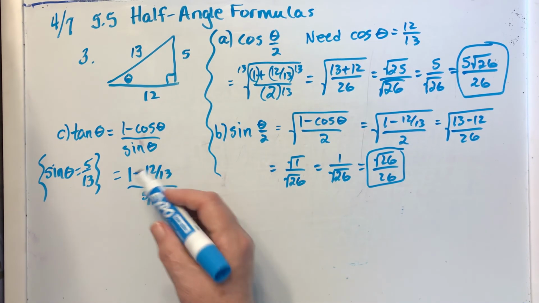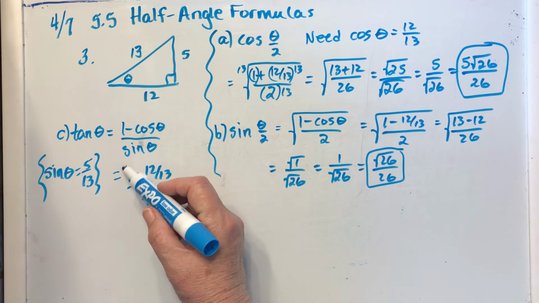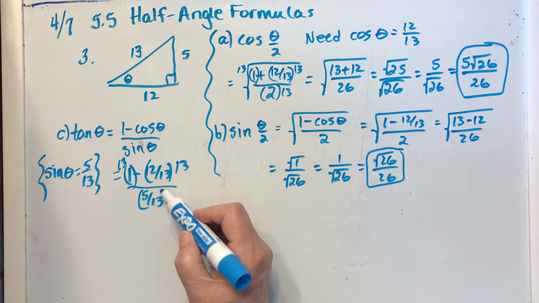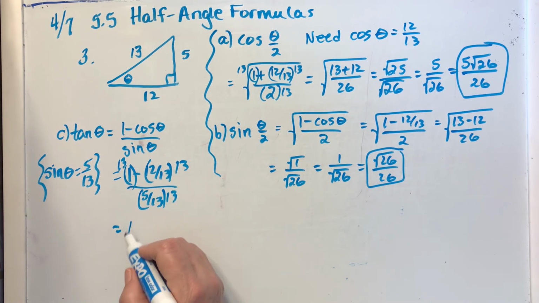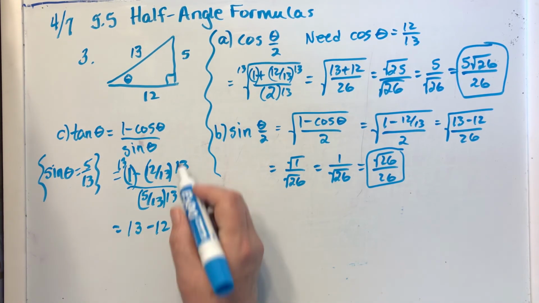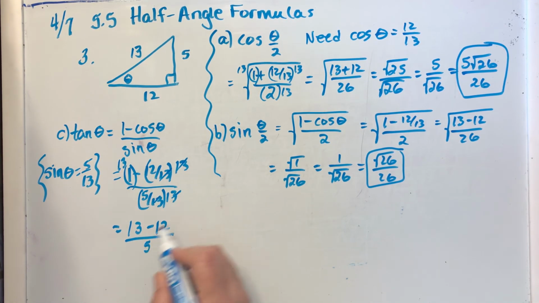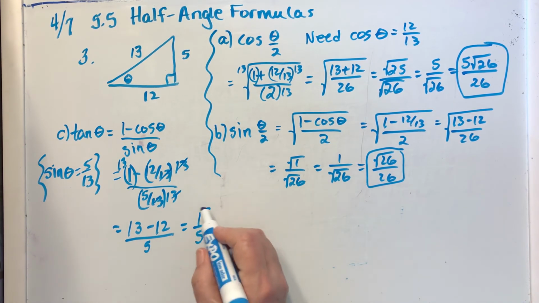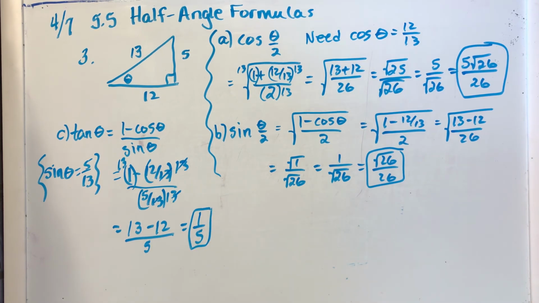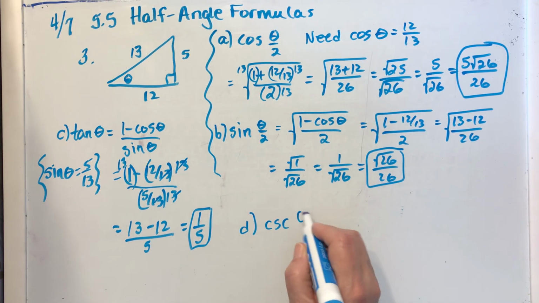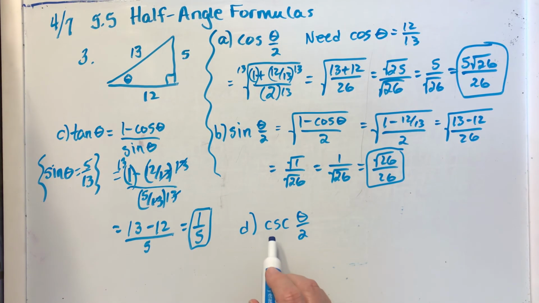So again, we're going to multiply each and every term by 13. So we end up with 13 minus 12, because those 13s are going to cancel, over 5. So our answer is 1 over 5. And just as one other quick example, if they asked you for something such as the cosecant of theta over 2, remember cosecant is just the reciprocal of sine.